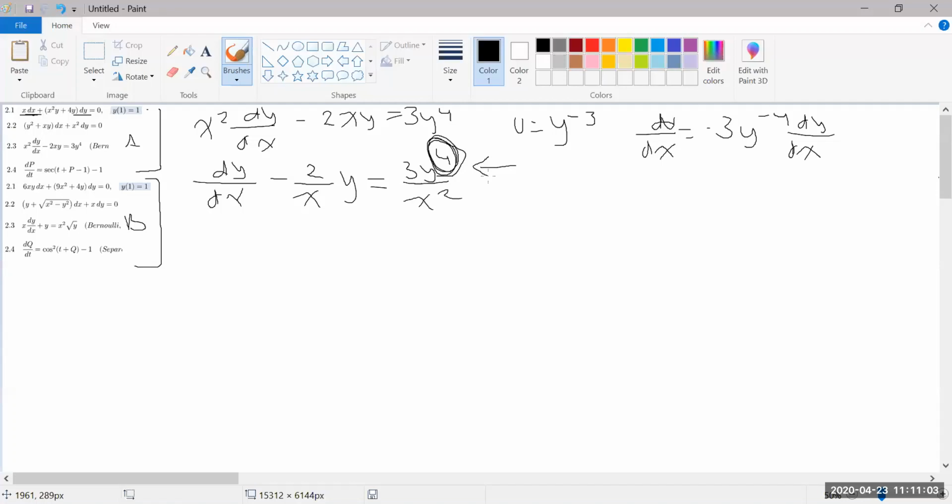So you should get y to the negative 4 dy/dx minus 2 over x times y to the negative 3 equals 1 over x squared. Oh, I'm sorry. We'll still have that 3.